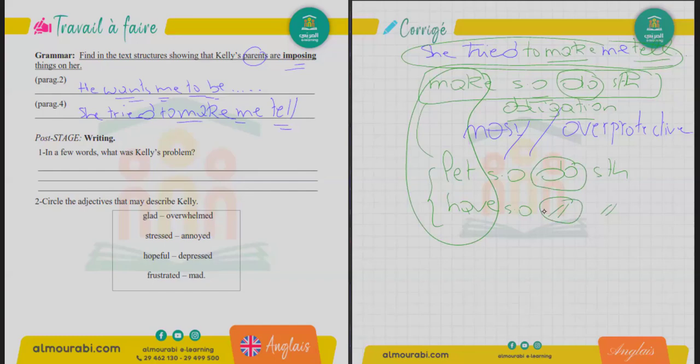My parents let me go out with my friends. We don't say "my parents let me to go". I'll have you do the homework right now. We don't say "I'll have you to do the homework". Pay attention. So make, let and have someone do something. This is what we need to understand as grammar from our lesson.